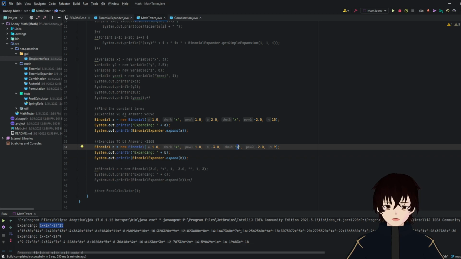Oh yeah, if you put in y, it works too. There are some problems, like here, where it's x to the power 7 times x to the power of -16. I didn't really take in consideration having 2 of the same characters. But it still works fine. It worked for the homework.